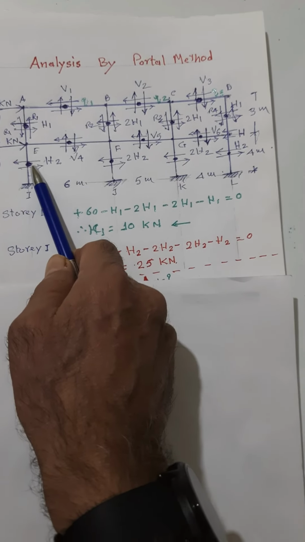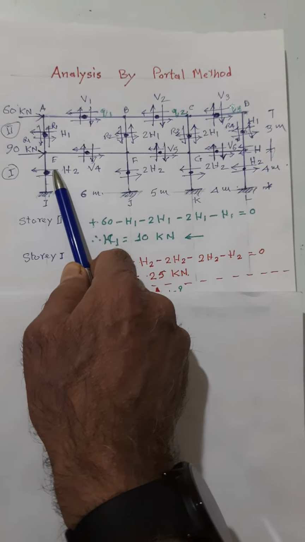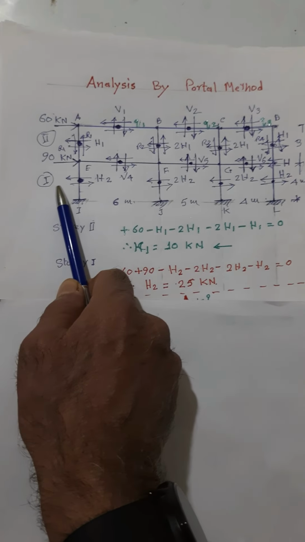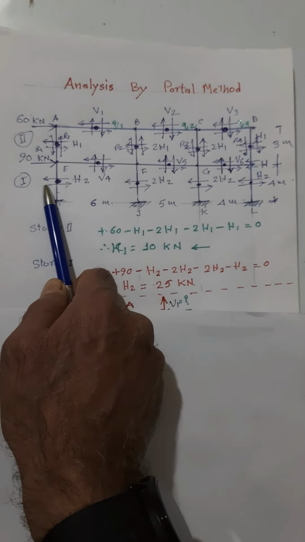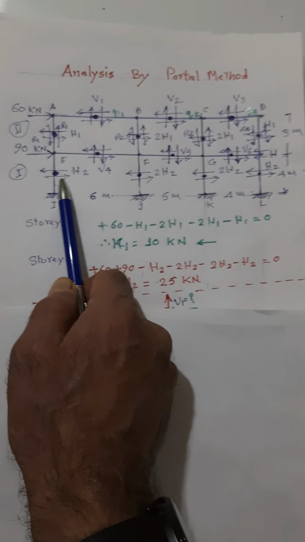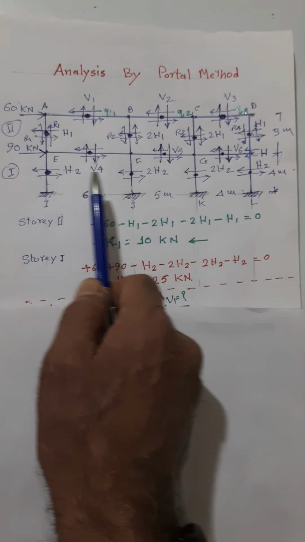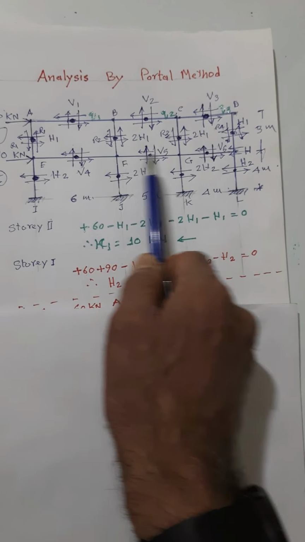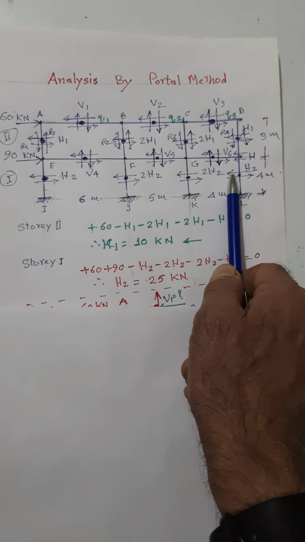Similarly, we will go for this one. And now we have to add both horizontal loads, and similarly here also we have H2, 2H2, 2H2 and H2.